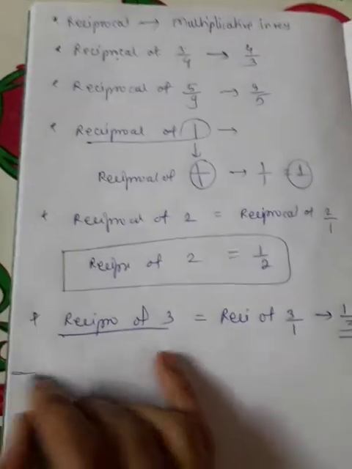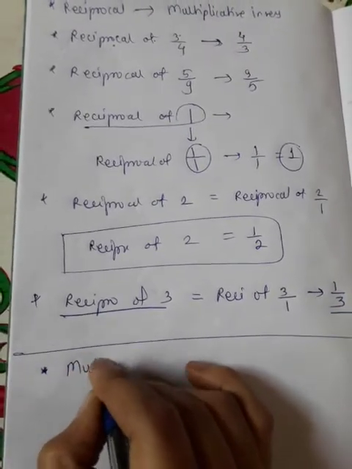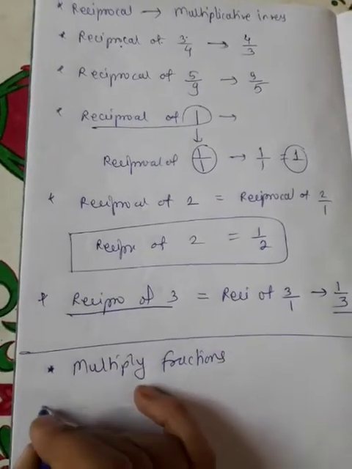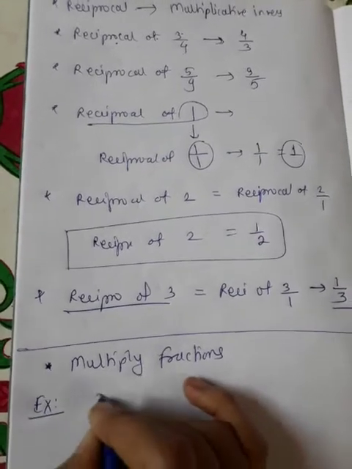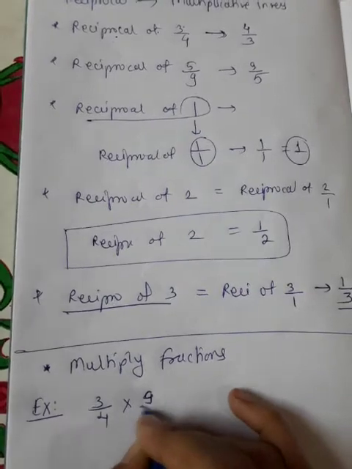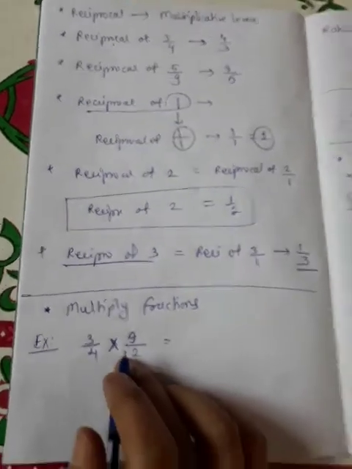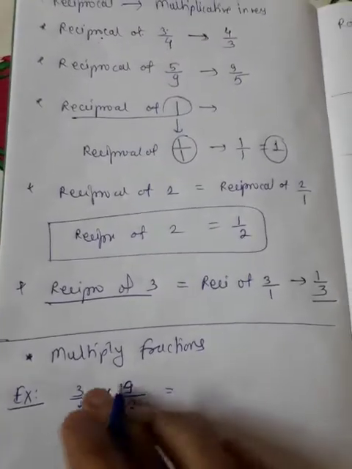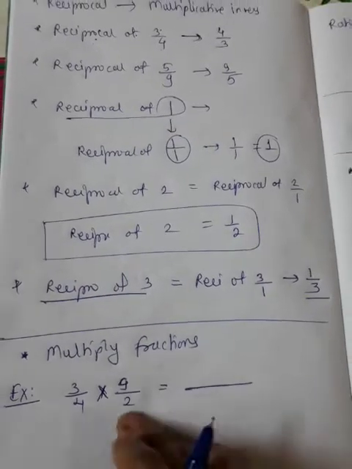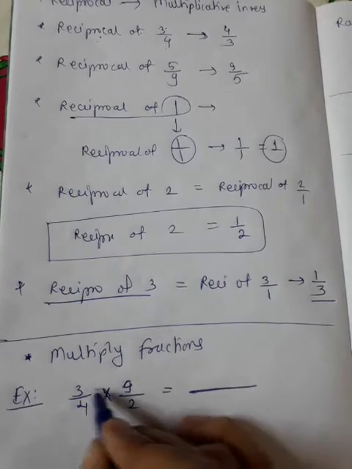After that you must know how to multiply fractions. If we have to multiply a fraction by a fraction, here we have taken two fractions and we have to multiply them. When we multiply a fraction by a fraction, in the product the numerator is the product of the numerators of the fractions.